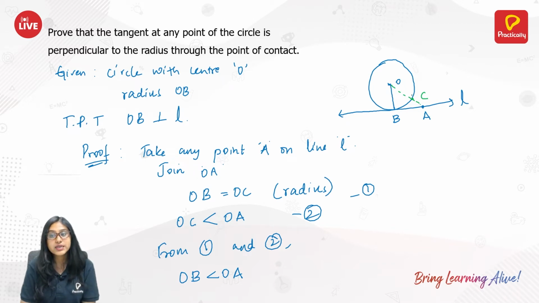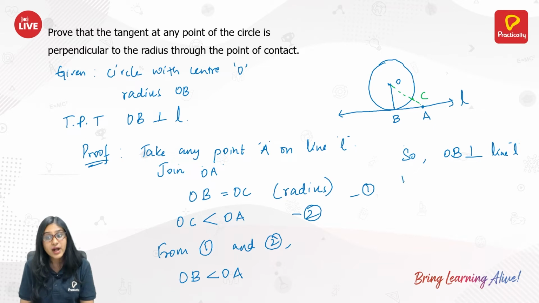When OB is less than OA, can I say that OB is the shortest distance between the center and the tangent drawn? So what do we call the shortest distance? That is the perpendicular distance. Right, we have learned this, correct? So you just write this explanation. So we can say that OB is perpendicular to line L. Why?